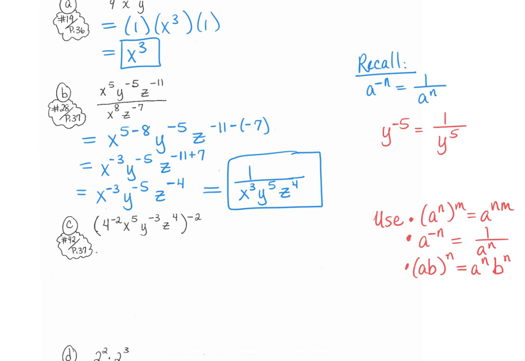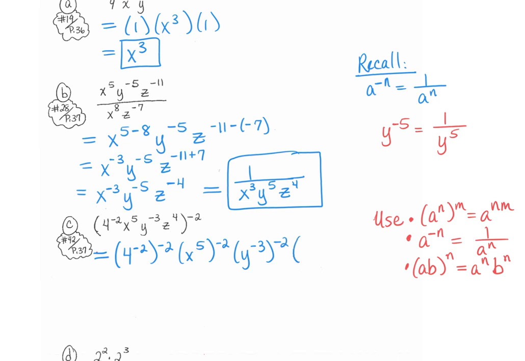So we are going to have, this is equal to 4 raised to the negative second raised to the negative second. So right now, we're using this property. We're using property 6, times x to the fifth raised to the negative second, times y to the negative third raised to the negative second, times what?